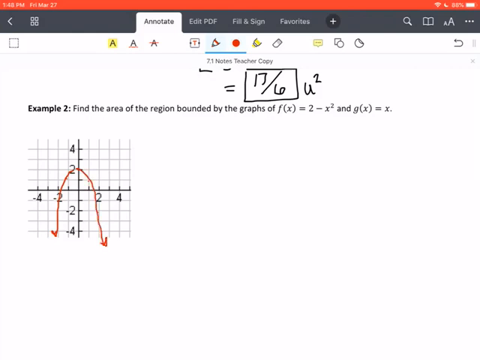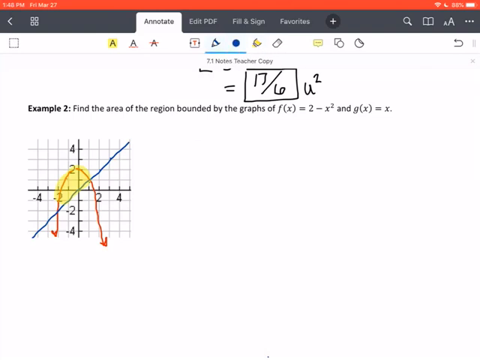Okay, so here's our parabola, and then we're looking at the line, just y equals x. So your basic line that has a slope of 1. Okay, so the area that we are trying to figure out is this yellow shaded region right here.